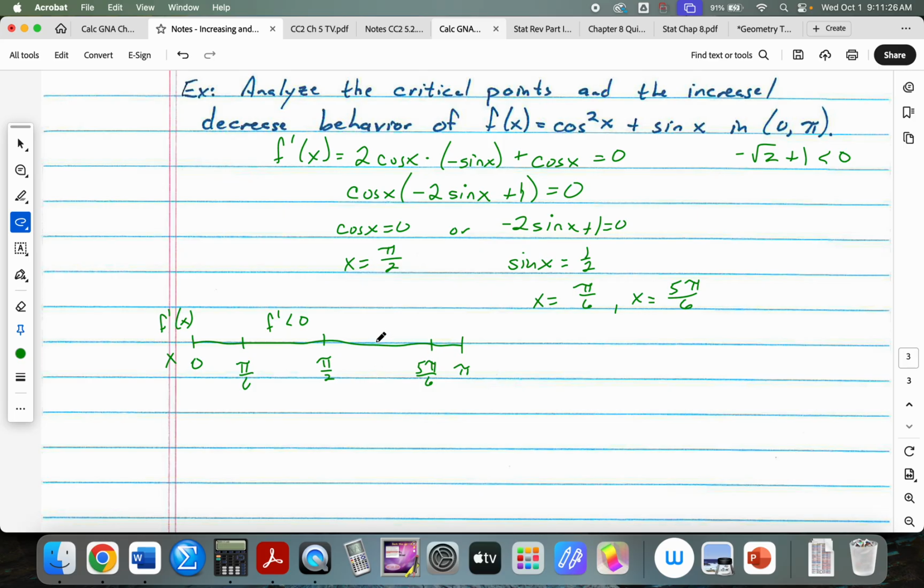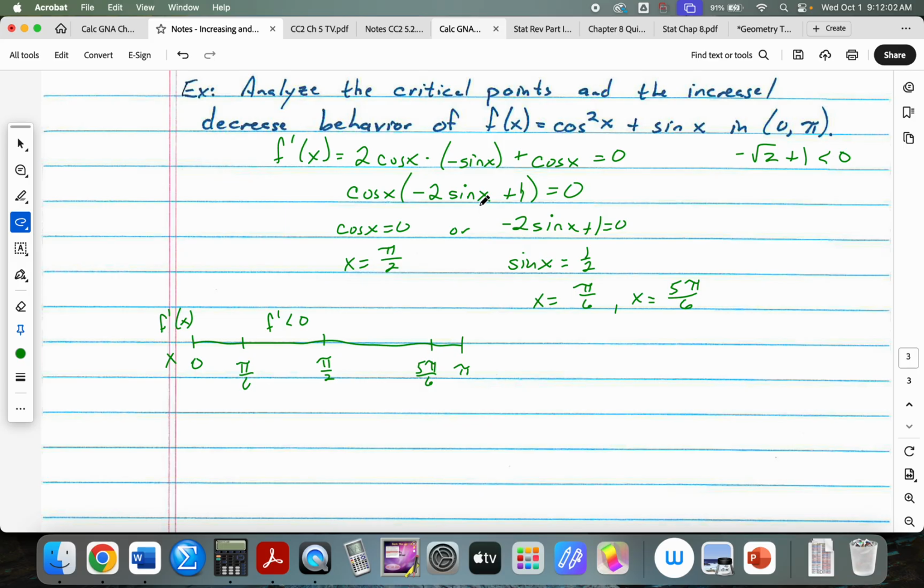If I pick 3 pi over 4, which would be in this next interval. Let's see, cosine at 3 pi over 4. All right, so that's in the third quadrant now. I'm sorry, in the second quadrant. Is cosine positive or negative in the second quadrant? Yep, so that's negative. And then sine at 3 pi over 4.